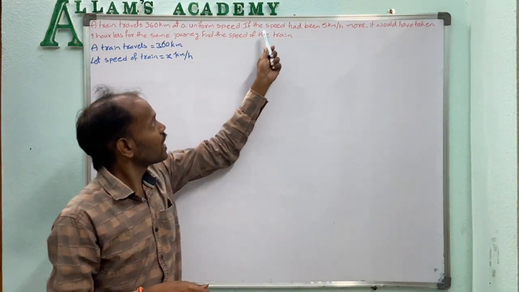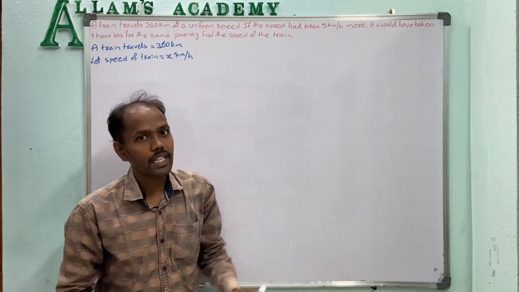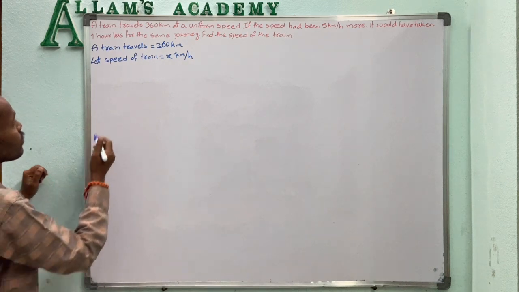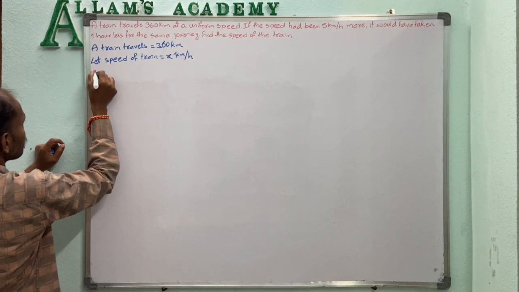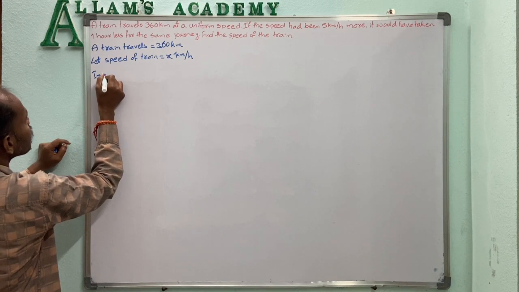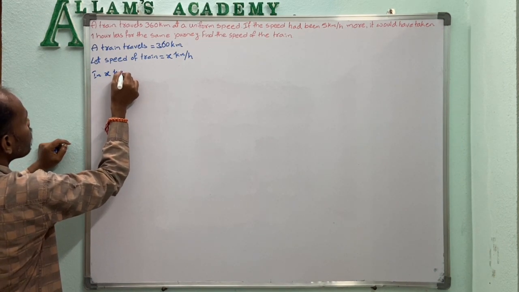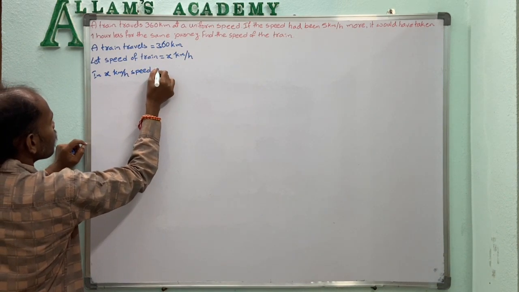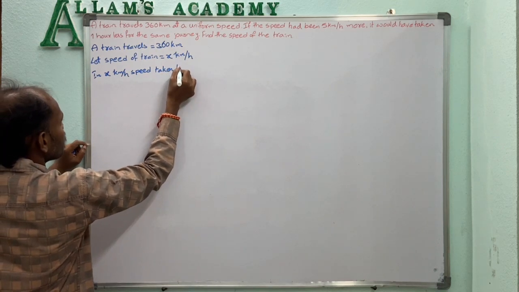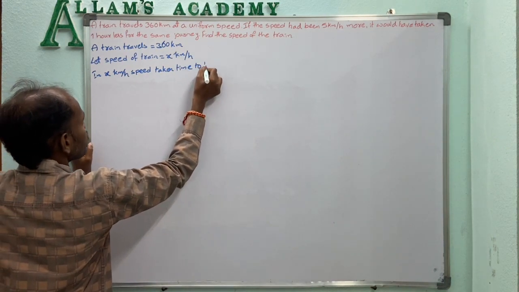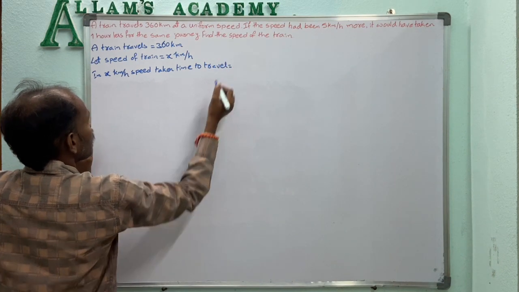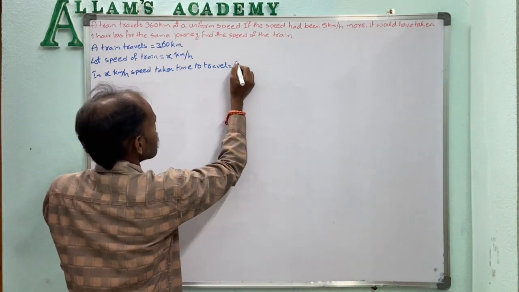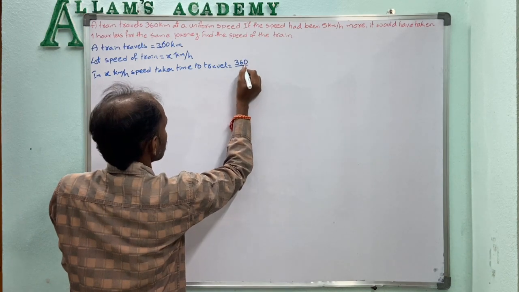Now it is given that if the speed had been 5 kilometers per hour more, then it will take 1 hour less time. That means at x kilometers per hour speed, the time taken to travel equals, time is nothing but distance by speed, that means 360 by x hours.